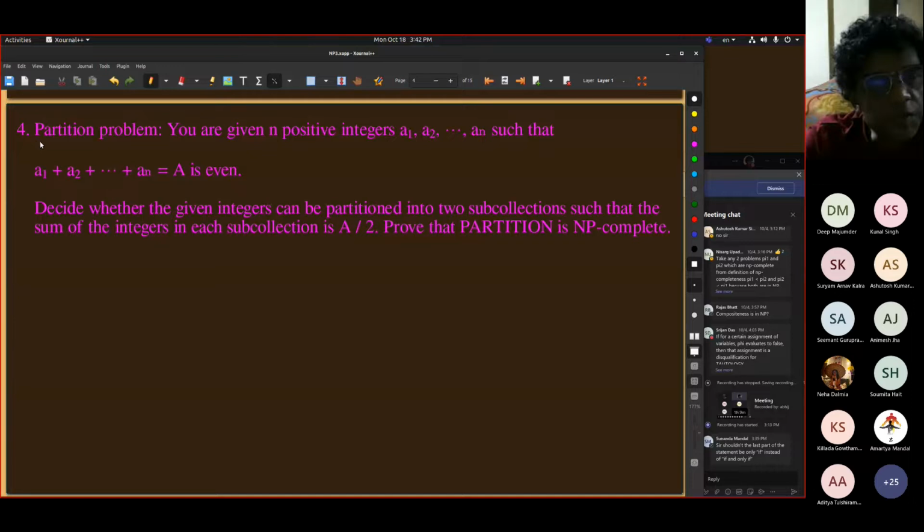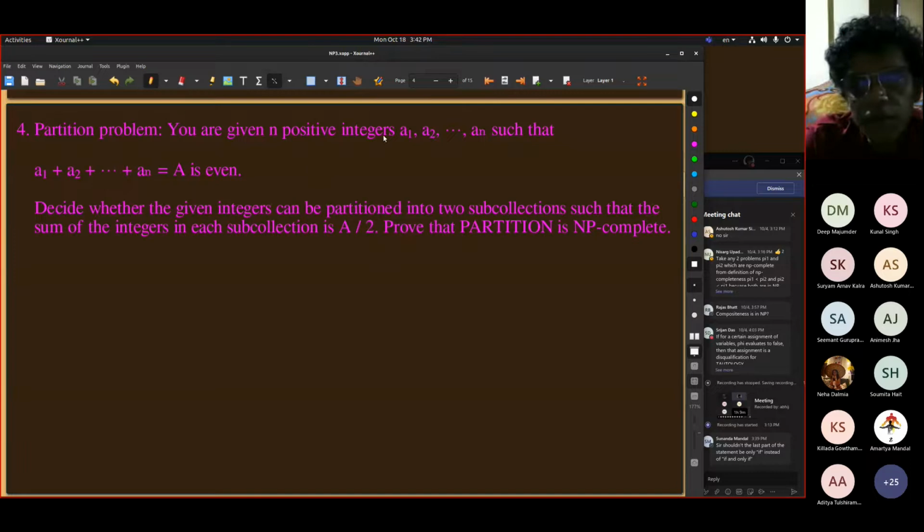So now comes an interesting problem. I am going to use it in a few of the remaining exercises. So the partition problem goes like this.